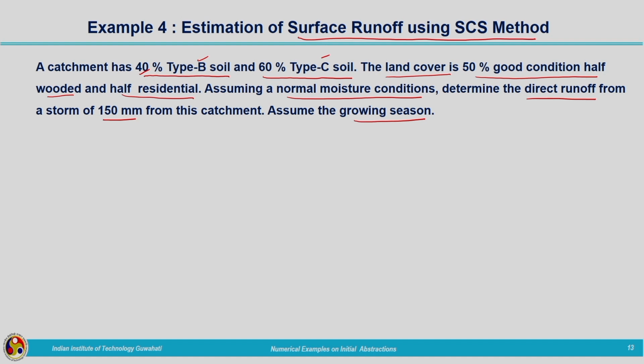The land cover is also given because the curve number value depends on the soil property, the type of soil, and also land use properties. So, land cover details are given as 50% of good condition, half wooded and half residential. So, 50% land is there, out of that 25 is wooded and 25 is residential.